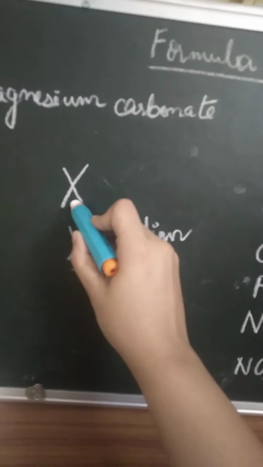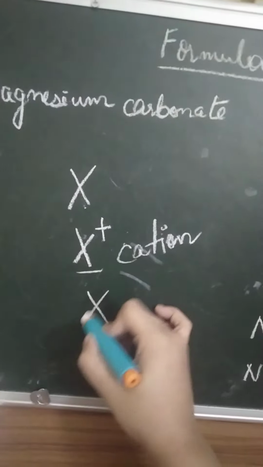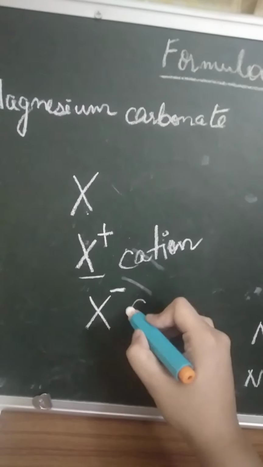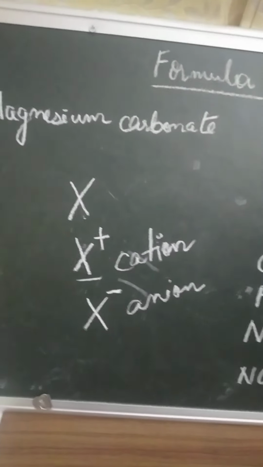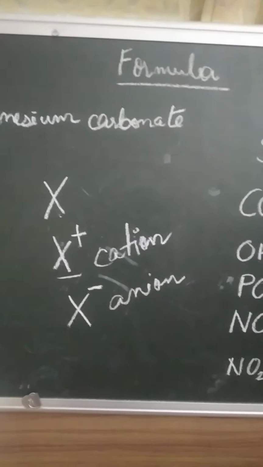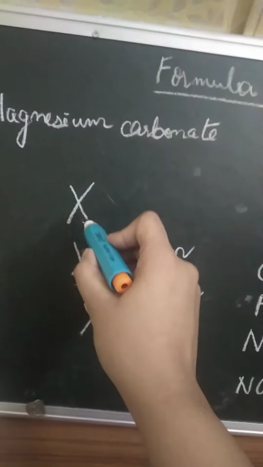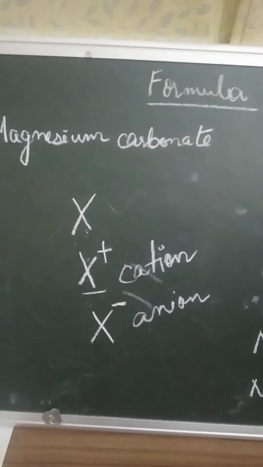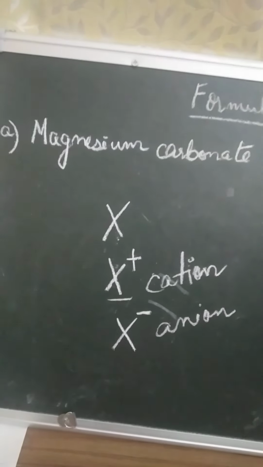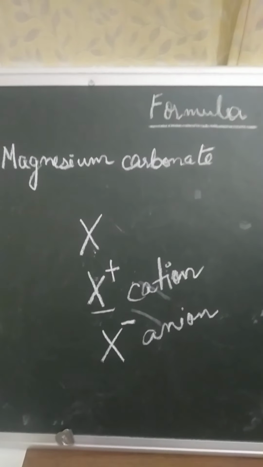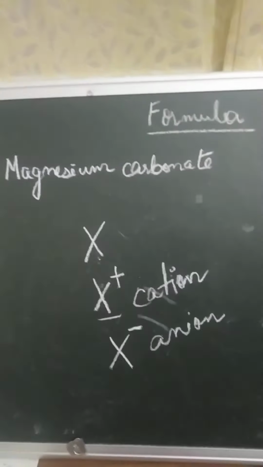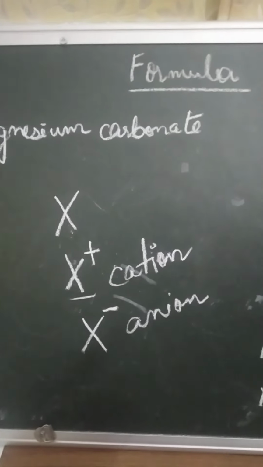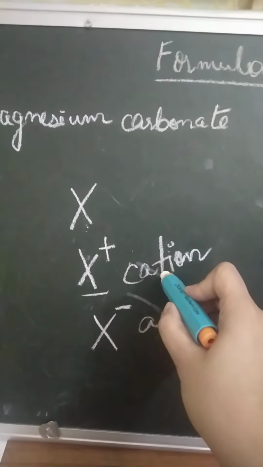And if this neutral element X accepts an electron, then it will be termed as a negative ion. Yes, so when you have the element in its neutral state carrying no charge, the element is said to be neutral. The moment the element gives away or donates an electron, then it is said to be a positive ion, or rather a cation.